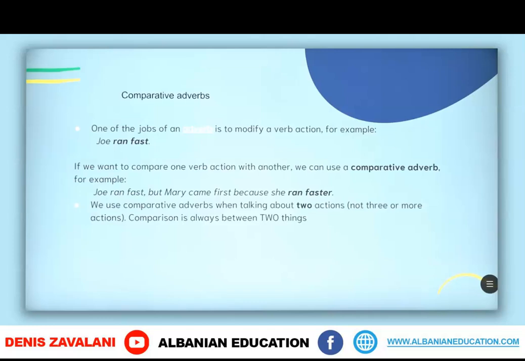If we want to compare one verb action with another, we can use a comparative adverb. For example, Joey ran fast, but Mary came first because she ran faster. We use comparative adverbs when talking about two actions, not three or more actions. Comparison is always between two things.